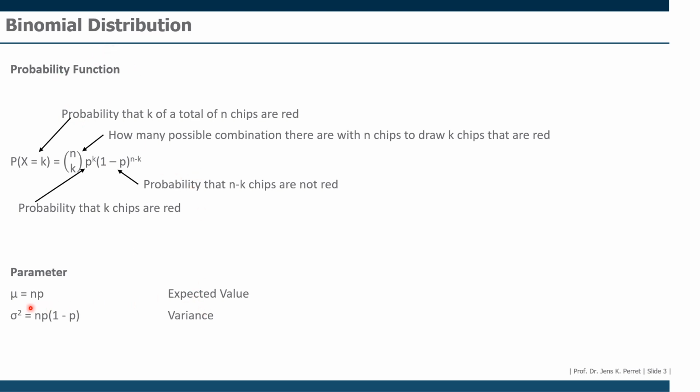The expected value in this case is simply the number of observations, or sample size, times the probability that an event occurs. And for the variance, we're going to multiply the expected value with the counter probability 1 minus p. Well, that's then everything I wanted to talk about with regard to the binomial distribution.